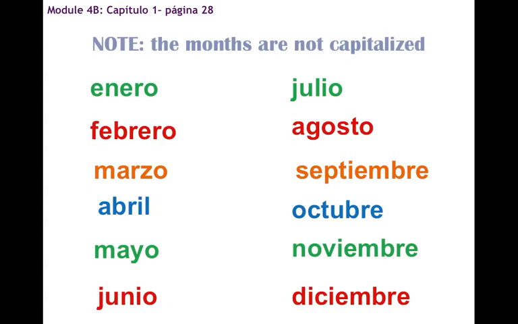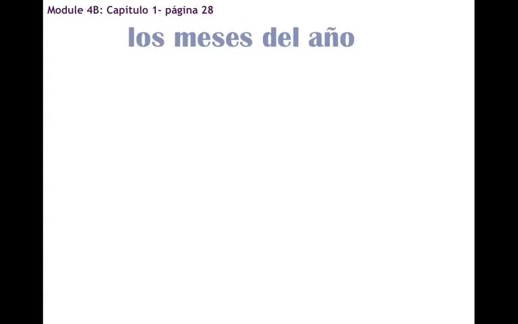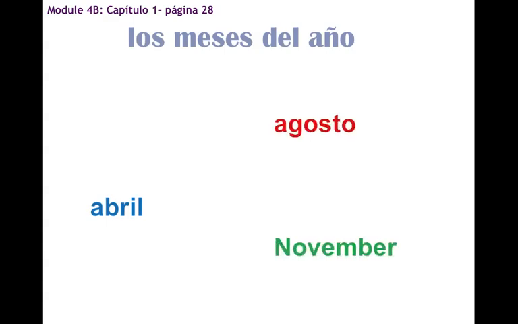Remember that the months of the year are not capitalized. There are many great cognates there, looking a lot like their English counterparts. So you'll see a month pop up now in English, and you call it out in Español. April, abril. Agosto. Noviembre.